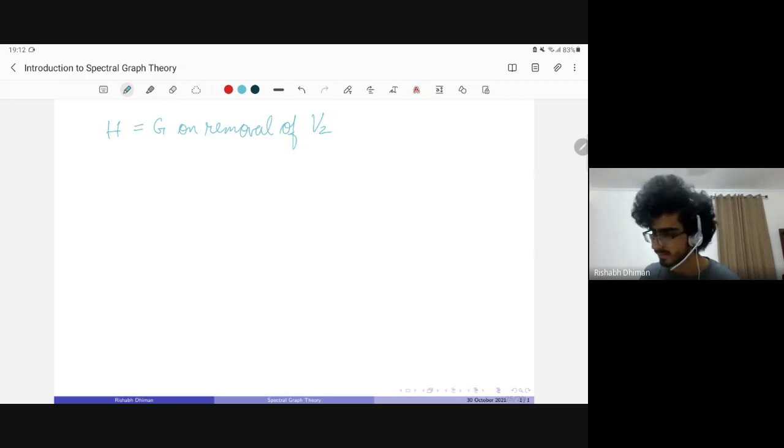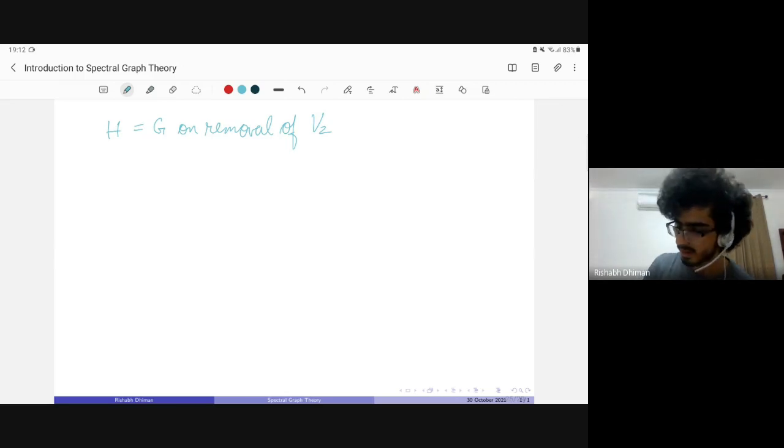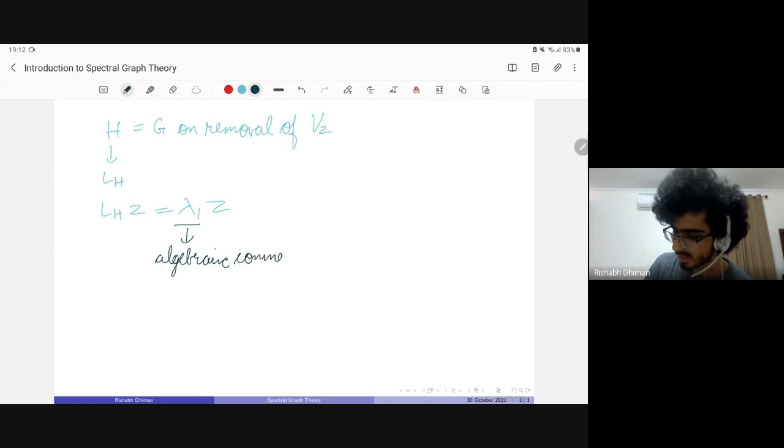This has some Laplacian, say LH, and there's some vector, I'll use Z, such that LH Z is equal to lambda 1 Z. I'll just point out that we define lambda 1 to be the algebraic connectivity of H.